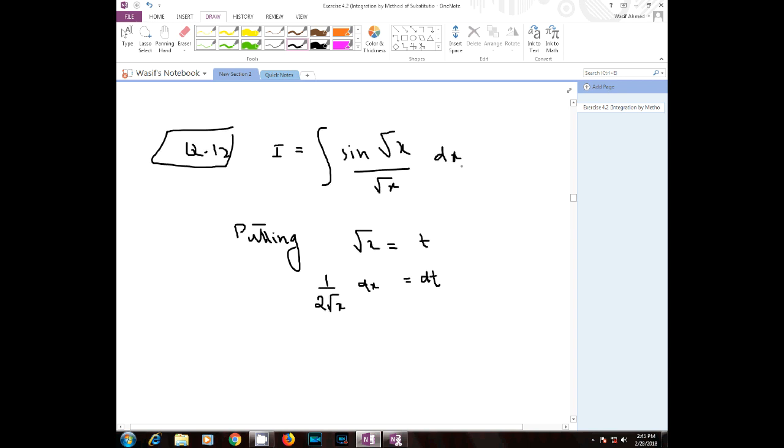So from here, since the given values in the integral are dx divided by square root x, we will separate the dx divided by square root x from here, and we will get 2 dt.